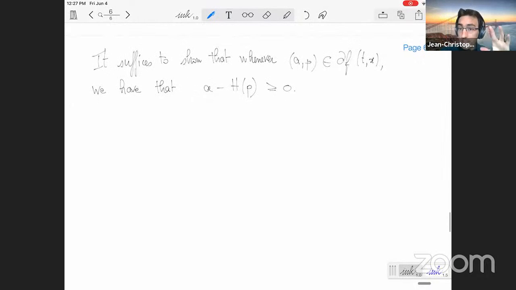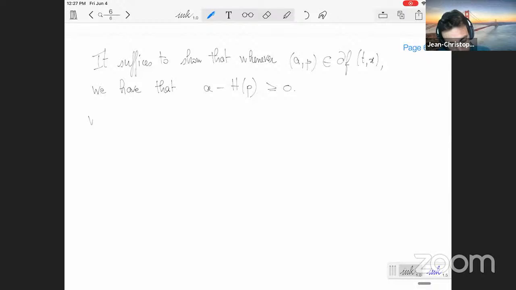So from now on, we fix this particular (a,p) in the subdifferential of f at some point, wherever it is. And we try to argue that a minus H of p is non-negative.